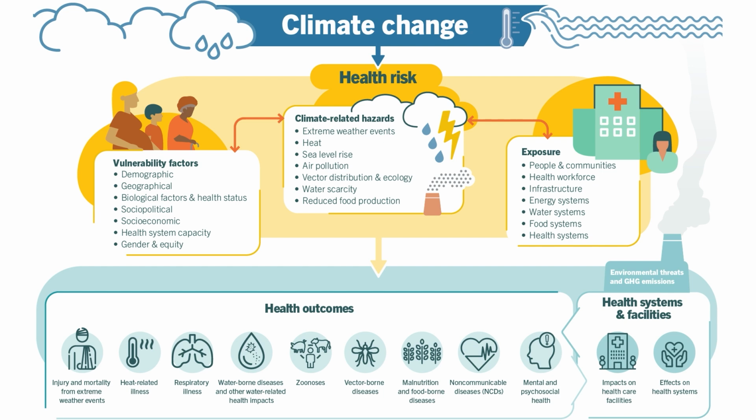The figure given below provides an overview of climate sensitive health risks, their exposure pathways, and vulnerability factors. Climate change impacts health both directly and indirectly and is strongly mediated by environmental, social, and public health determinants.